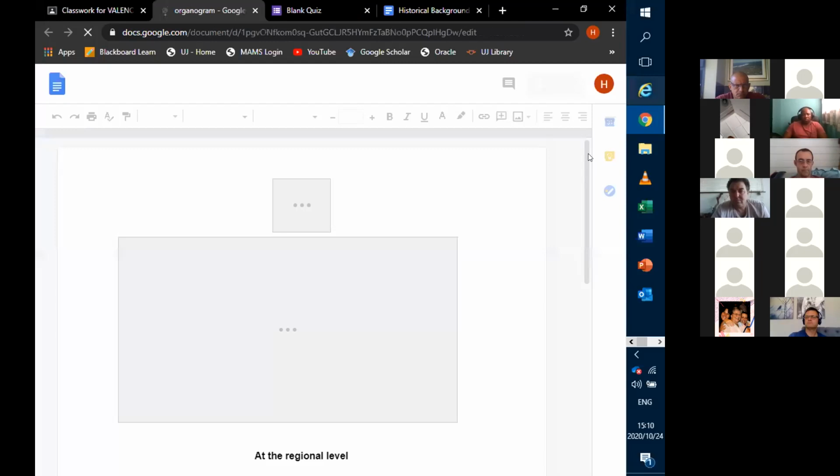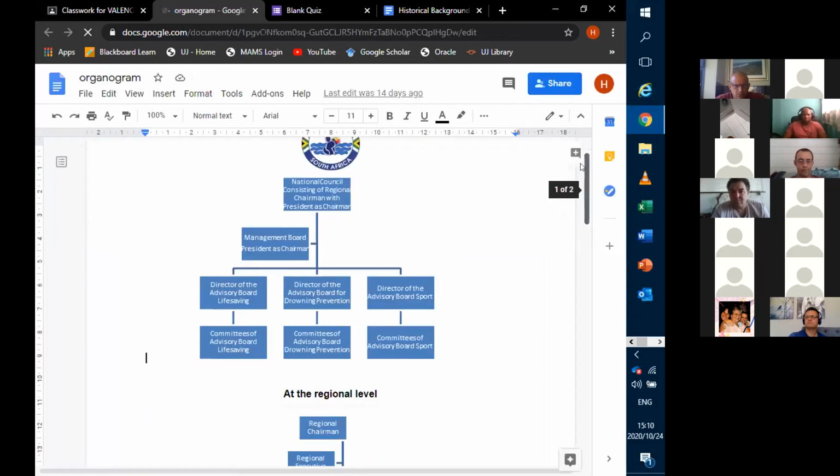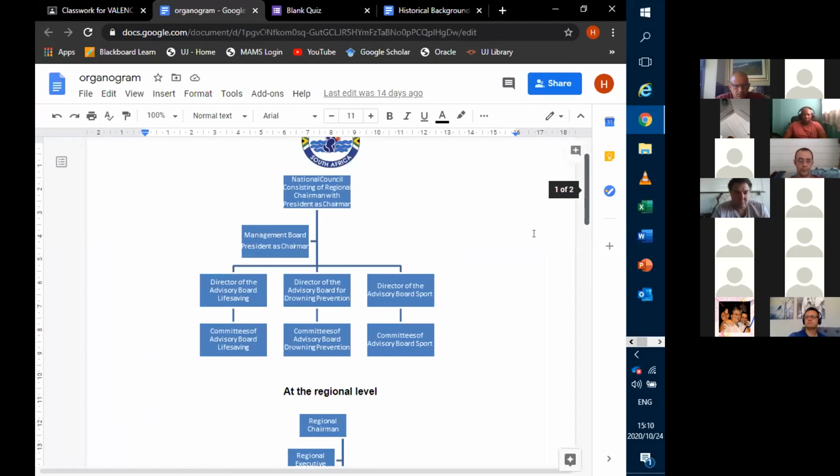Okay, we're just going to go through the organogram of Lifesaving South Africa. We all know we've got a national council, and that consists of the regional chairmen, and then we have our LSA president, who is also a chairman. Then we've got our management board, and the president is the chairman of that.